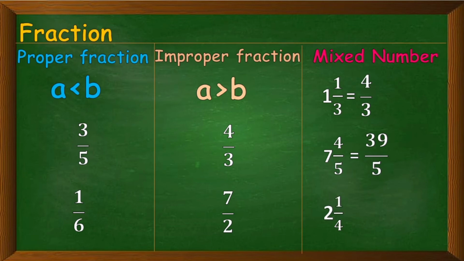Again, we will multiply denominator 4 by the whole number 2, that is 8, plus 1, that is 9, and copy the denominator 4. So as you see, proper, improper, and mixed numbers have a ratio wherein a and b are both integers, making fractions rational numbers.